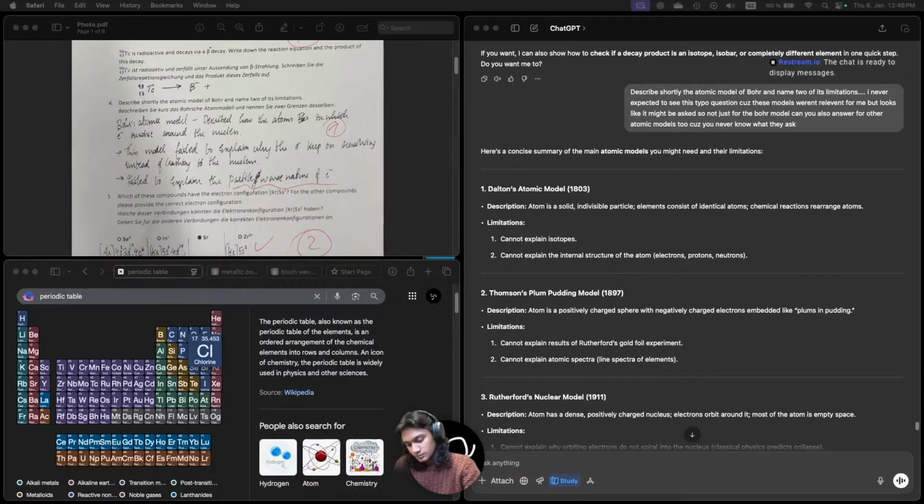Limitations of atomic models. Dalton's atomic model.